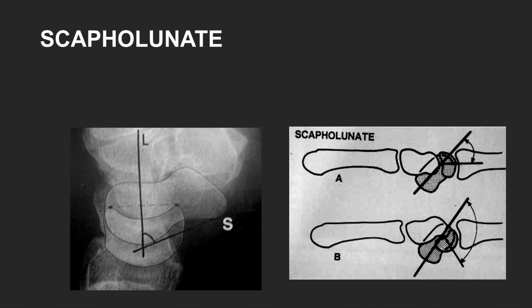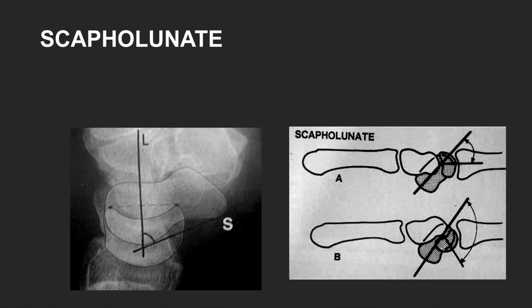The scapholunate angle is derived by putting a point on the dorsal and volar tips of the lunate, connecting those and drawing a perpendicular that gives you the lunate angle, and then drawing a line along the volar margin of the scaphoid, touching the tubercle and touching the proximal pole, and that gives you the scaphoid angle.